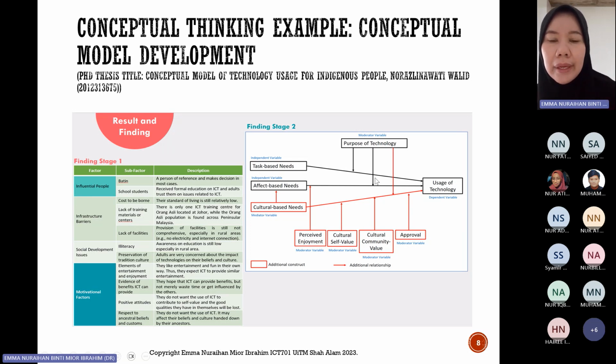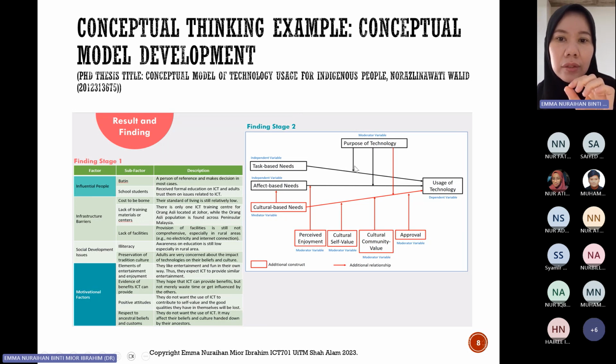conceptual model whereby all these factors, based on what she has found, some of the issues and challenges, and then she tries to come out, asal dia daripada TEM ya, kalau tengok asal model ni daripada TEM tadi, tapi dia modify to suit the problem situation of this technology usage from an indigenous perspective.